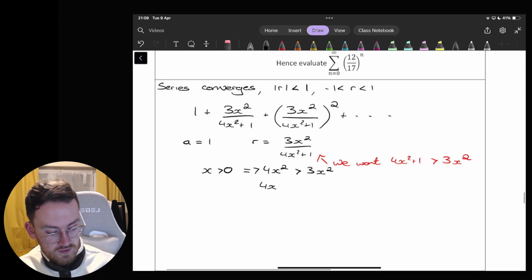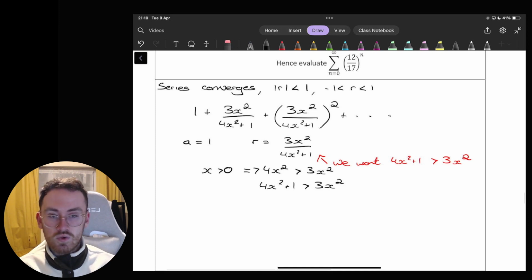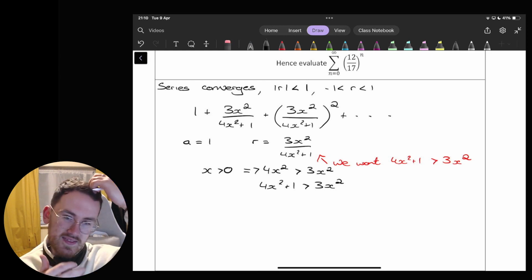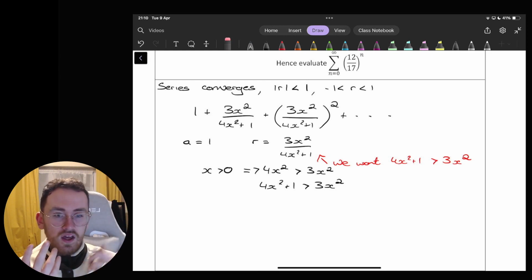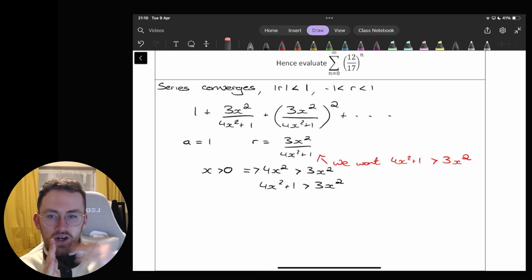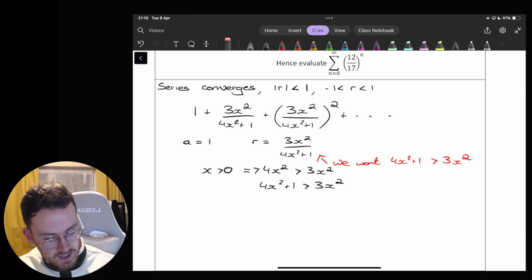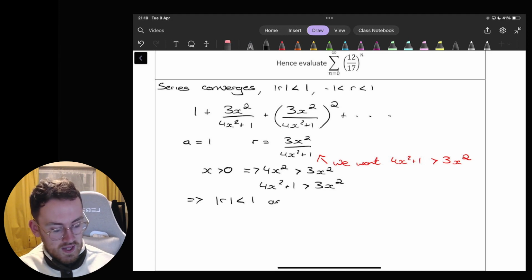And of course, if 4x squared is already bigger than 3x squared, then 4x squared plus 1 is definitely bigger than 3x squared. So we can show fairly easily that this is a proper fraction where the denominator is bigger than the numerator. So the absolute value of r is less than 1 as required, which means it does converge.